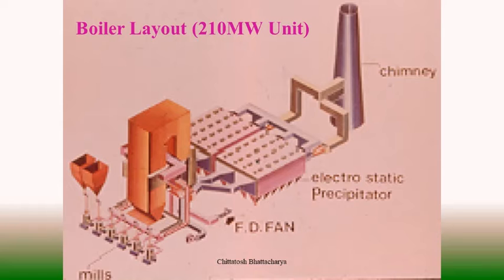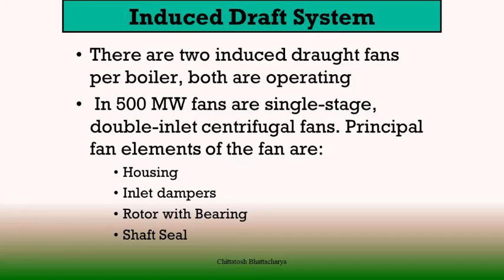The induced draft system in the boiler is dependent on the induced draft fan. In general, there are two induced draft fans we find in large capacity units like 500 megawatt, 250 megawatt, 220 megawatt.